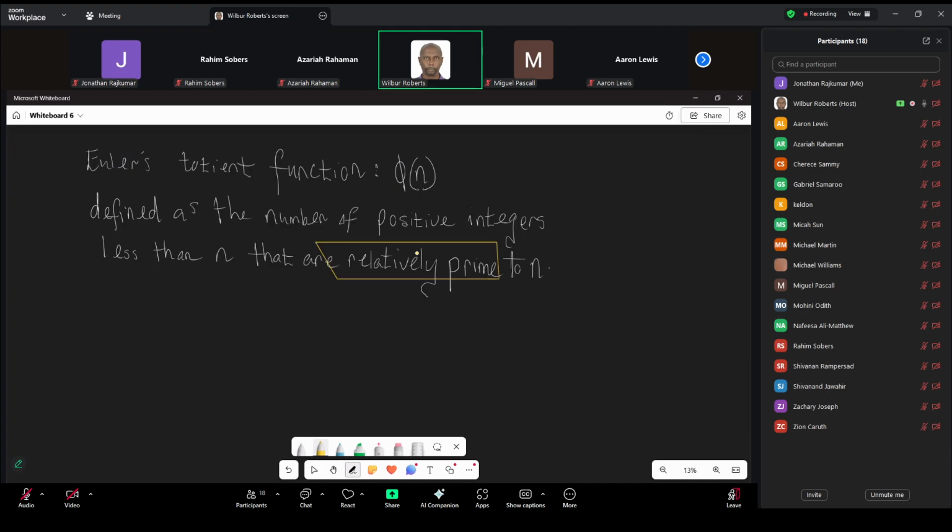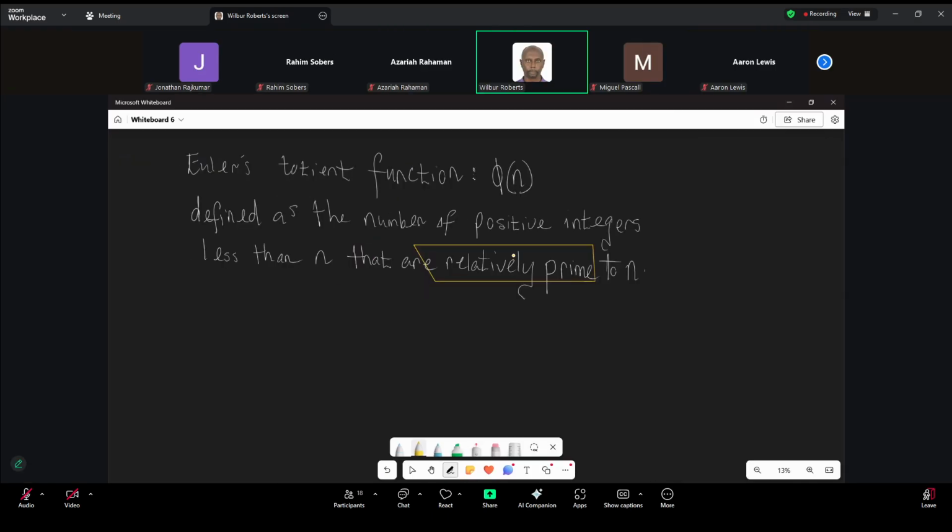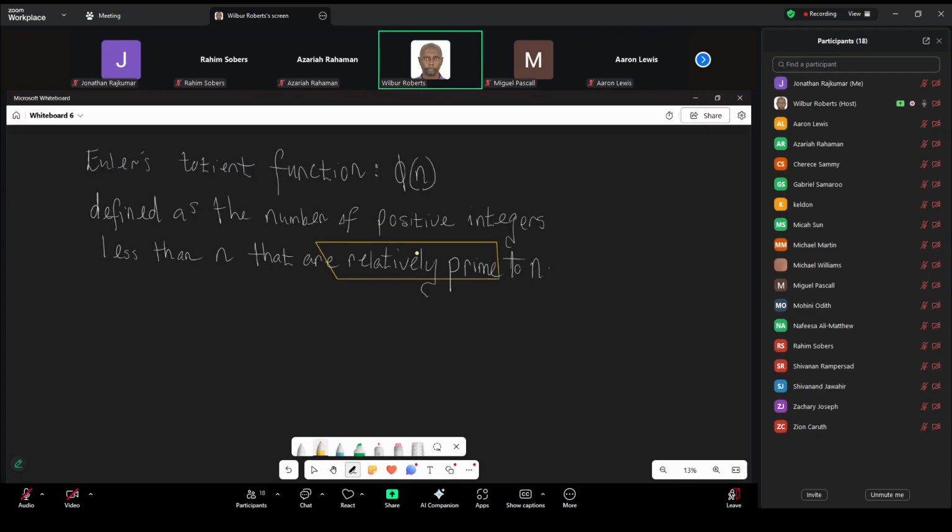Rahim Sobas, what does relatively prime mean? The highest common factor between the two numbers is 1. Right. Well, the only factor that they have commonly, or the only factor that they share, is 1, right?